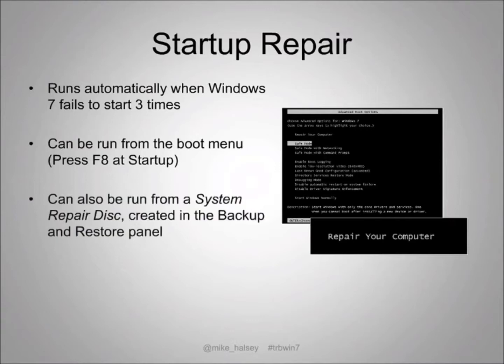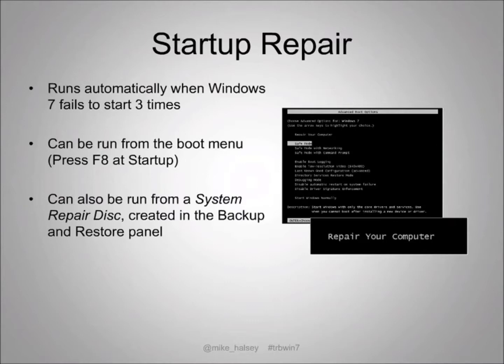So this is where the system repair disk comes in handy. You can create your system repair disk in the backup and restore panel in the control panel, or it's also in the start menu. Type backup into the search box in the start menu, and you can create a system repair disk. Now, a thing to take note of with the system repair disk is that if you have a 64-bit copy of Windows 7 installed and you create a system repair disk, that system repair disk can only be used to repair 64-bit copies of Windows 7.